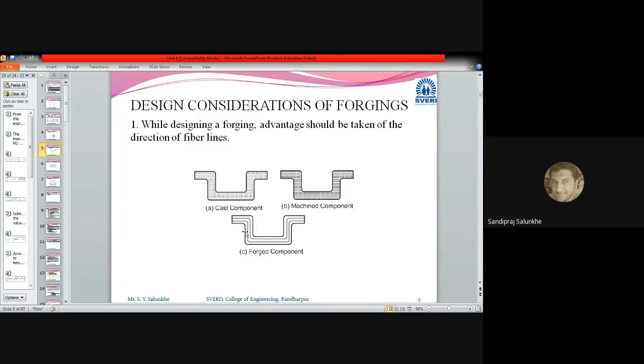Now here you can see when we manufacture the same part by means of three different methods. One is by casting. The second, this same part is manufactured by means of machining, and the same part is manufactured by means of forging. Then what happens in case of casting? The grain size will be evenly distributed.